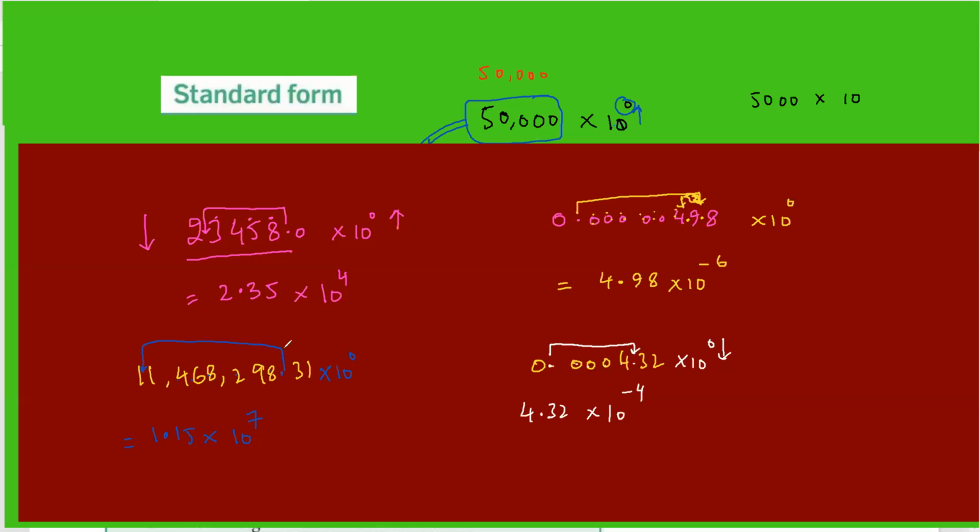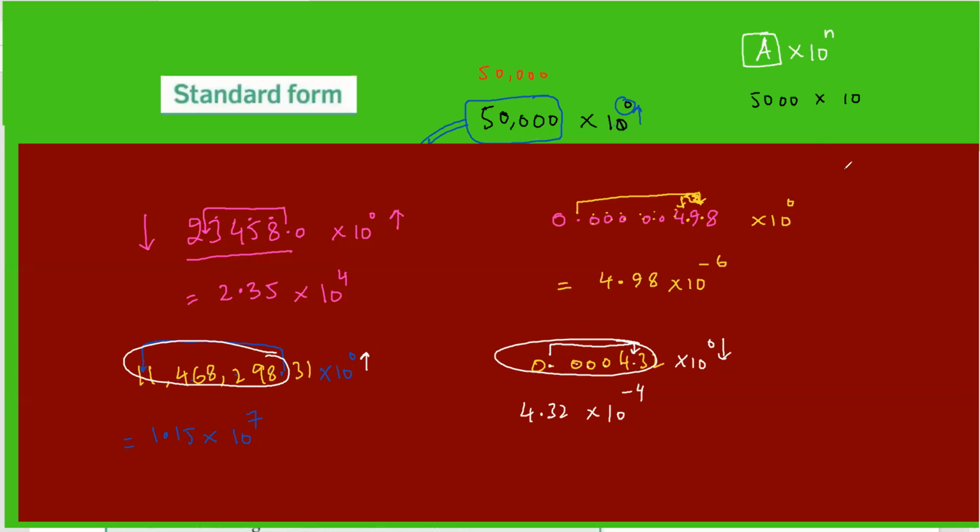So please remember, if you're decreasing this value, this power has to go up. If you're increasing this value, this power has to go down. Okay? And you must do it in a way that your final answer is in the form a times 10 raised to power n.